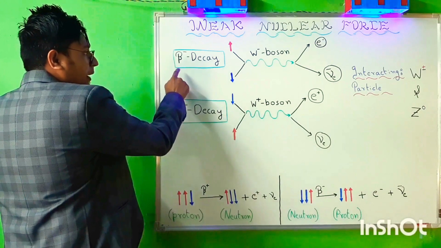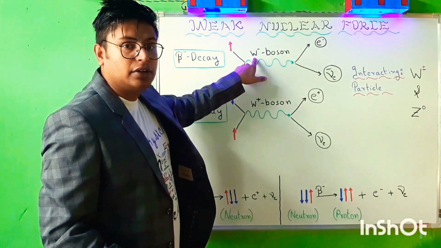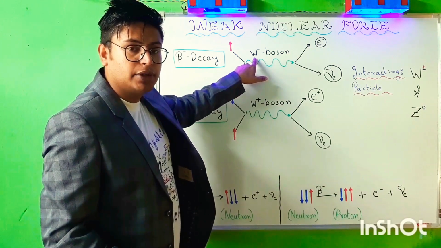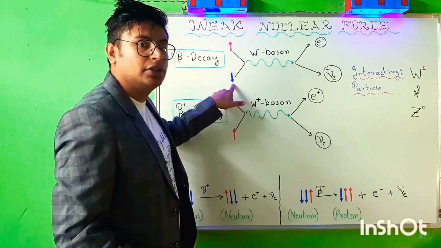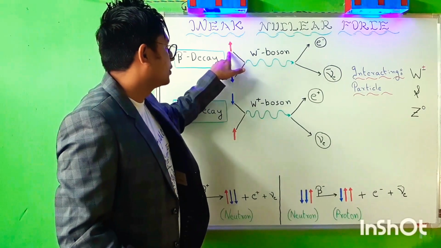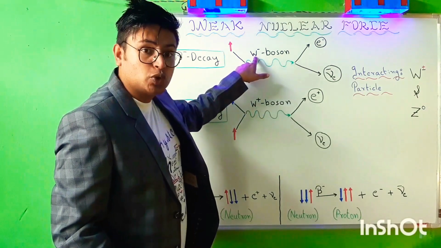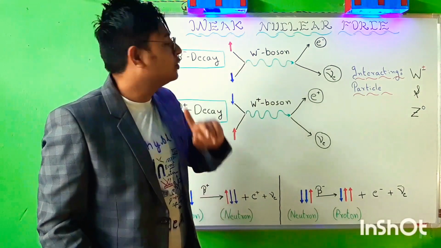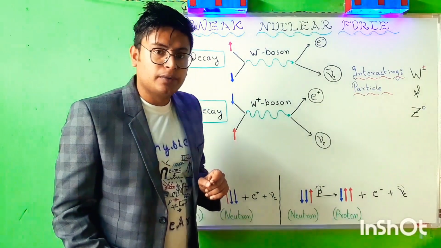In the case of minus beta decay, we have this particle W minus boson that is emitted when a negatively charged down quark changes into a positively charged up quark, emitting W minus boson, which soon decays into an electron and an antineutrino.